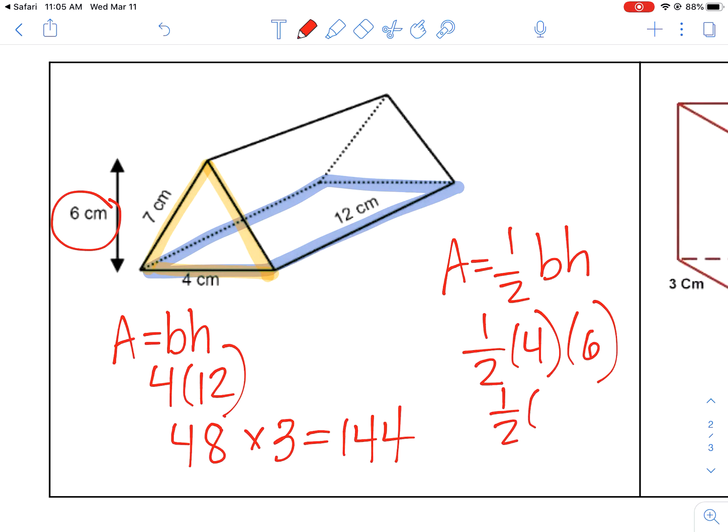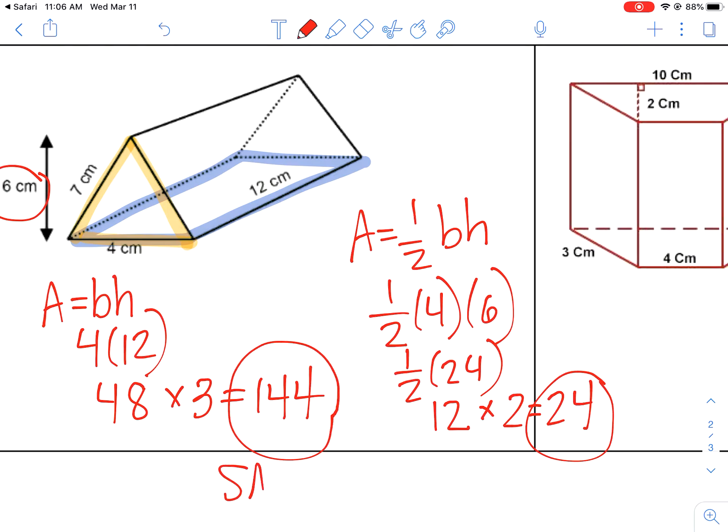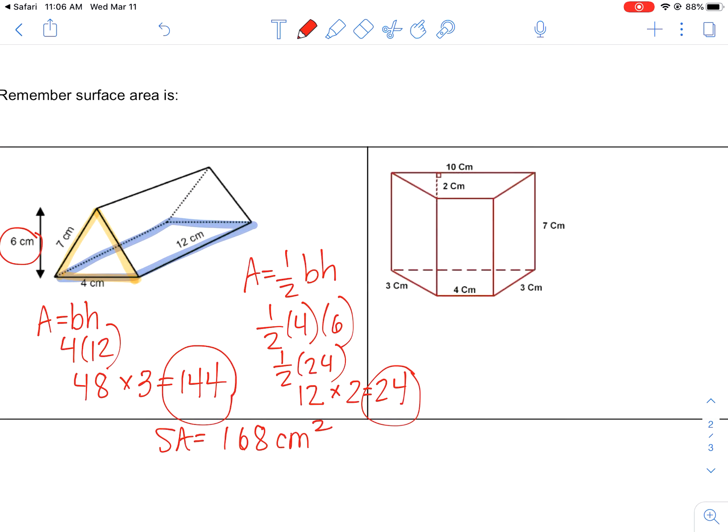So 1/2 of 24 is 12. But keep in mind you have 2 triangles, so you have to multiply that by 2 to get 24. You're going to take these 2 measures and put them together. So your total surface area is 168 centimeters squared. If you need to watch that again, just go back and watch the video.